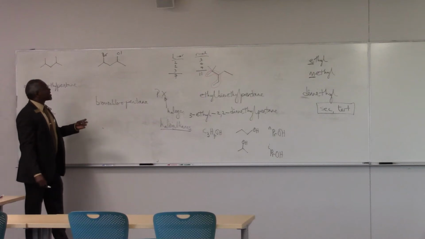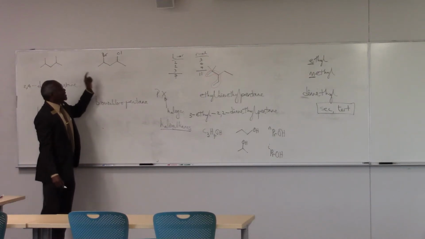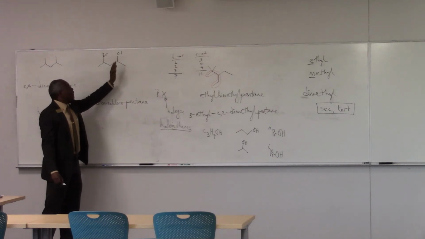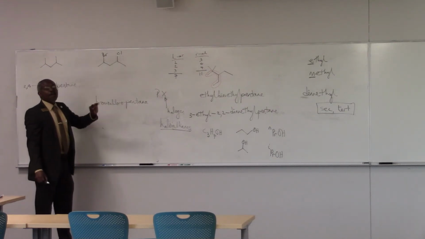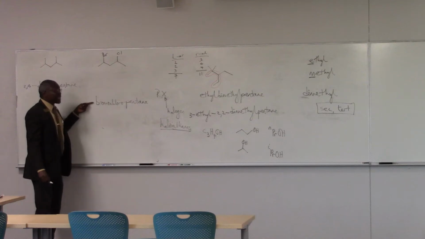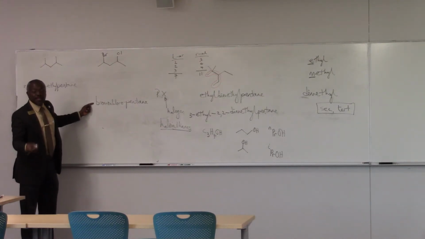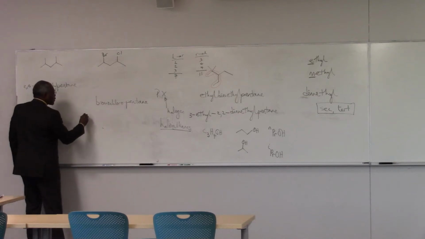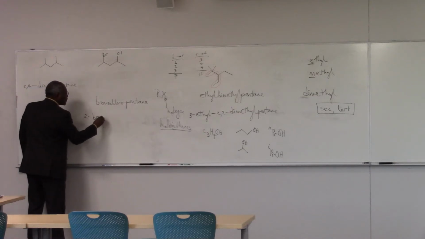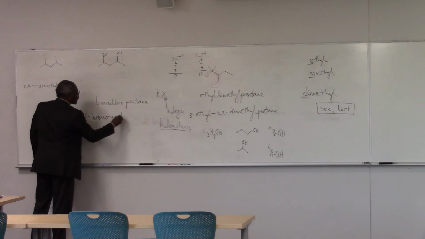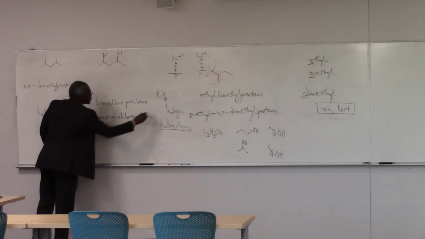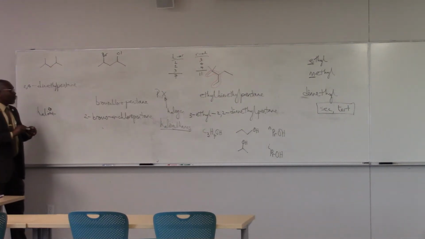And the answer is in a case like this, since it's the same sum of the locants, 2, 4, or 4, 2, we let the one that's written alphabetically first get the lower number, right? So I'm going to call this 2-bromo, 4-chloropentane.